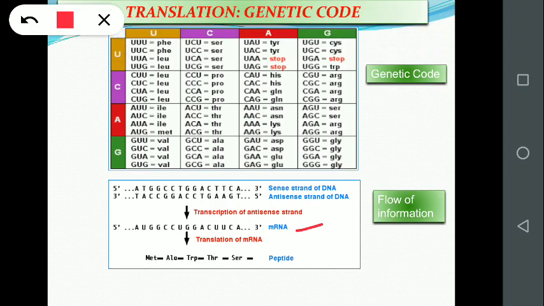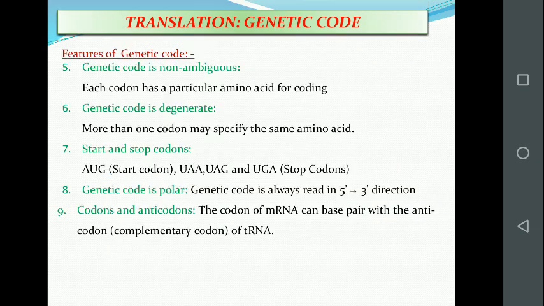From the mRNA molecule, each 3 nucleotides act as one codon, and that codon specifies a specific amino acid. This way, AUG codes for methionine, like that. So this is the genetic code, and these are some of the basics of genetic code.